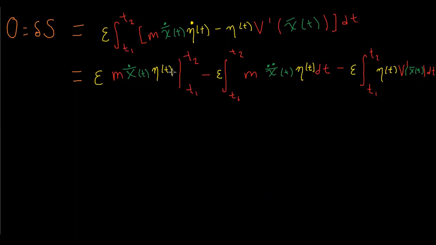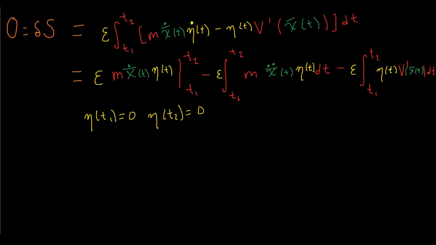All right, so here's the important thing. This was from a long time ago. I hope you remember it. But we had to have eta of t1 equal to 0 and eta of t2 equal to 0. And the whole point was that every path can be expressed as x bar plus epsilon times eta, but eta has to be 0 at t1 and t2.